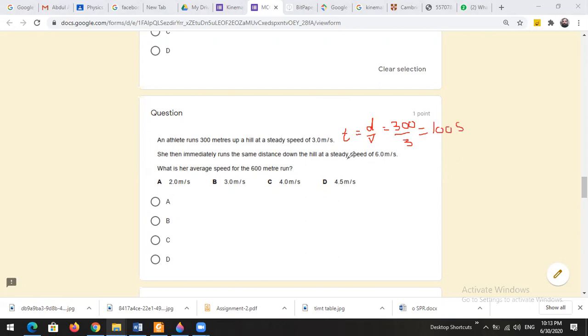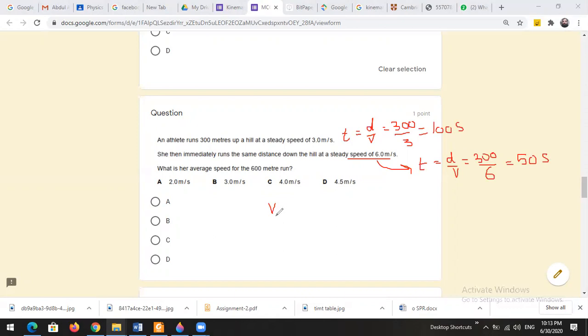And when the athlete is going downward, distance is the same, which is 300, but the speed changes. Now speed is 6. So time will be 300 over 6, which gives you 50 seconds. So 100 seconds plus 50 is the total time.